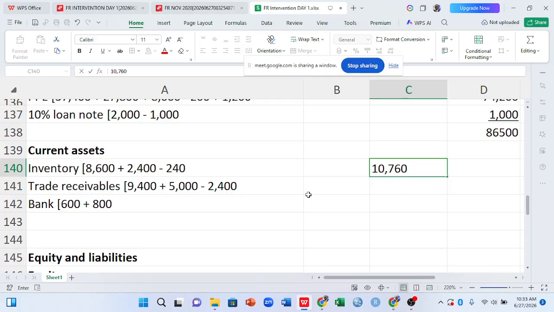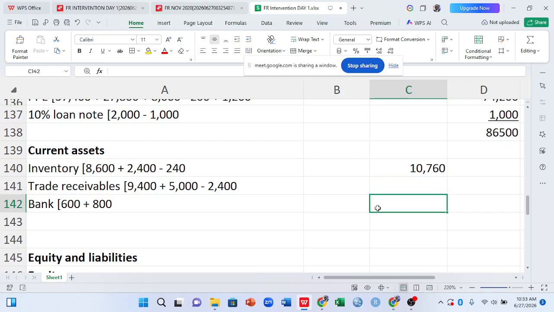And then trade receivables, 12,000. And then bank, 2,200. Did you say 2,000 or 1,000? 1,400.